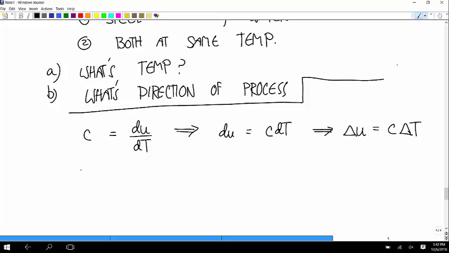This system is isolated, so the total change in internal energy has to be equal to 0. And so what we get thinking about it this way is the calorimetry equation that you've probably used in chemistry and maybe a little bit in physics.